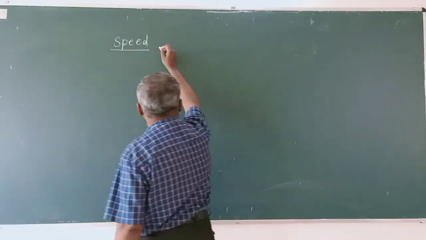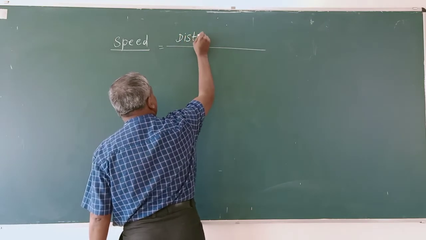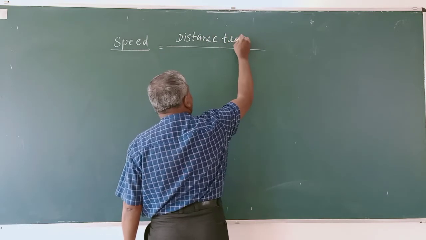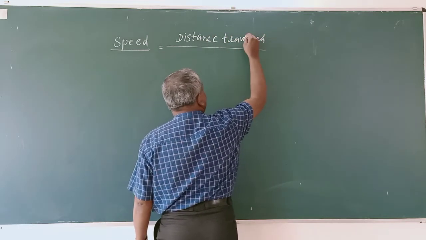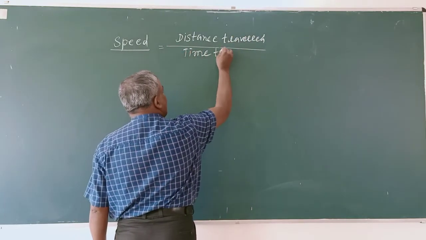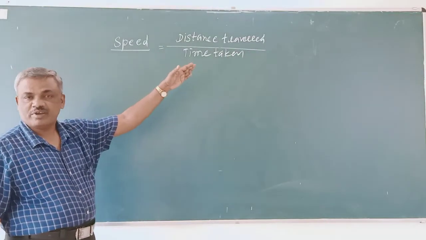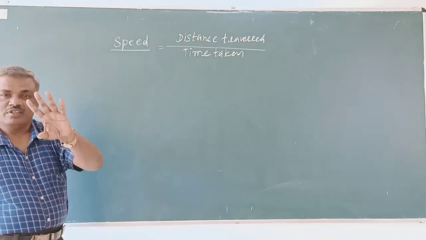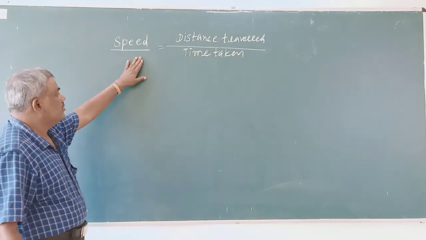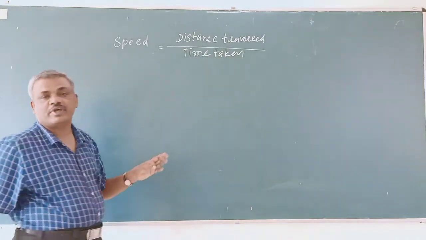So the time rate of covering a distance by an object is called speed. Speed equals distance traveled divided by time taken. Define speed: the rate of covering a distance by an object is called speed.